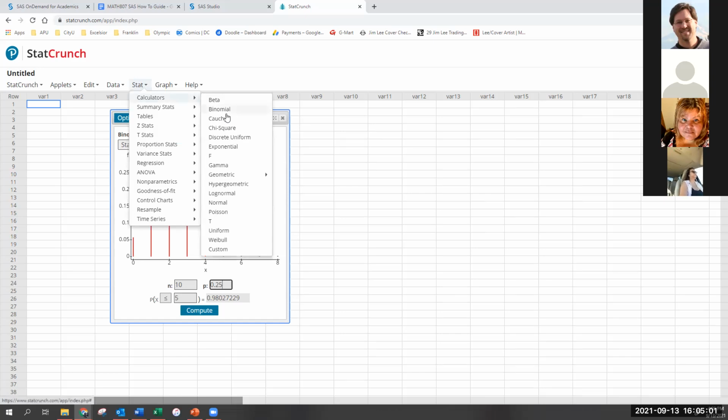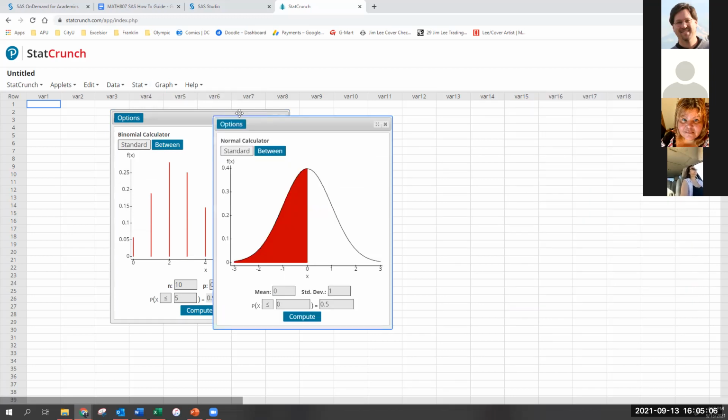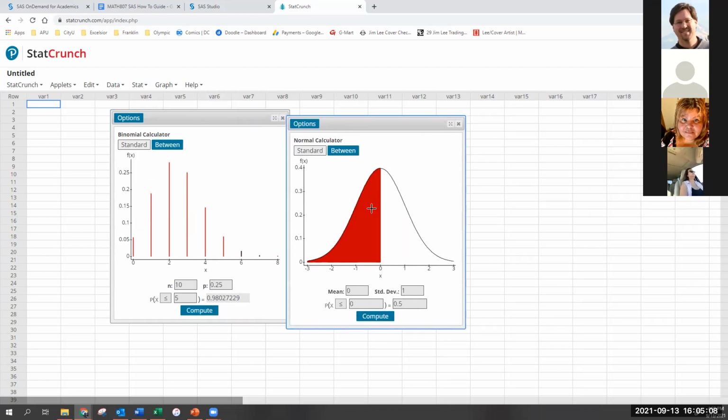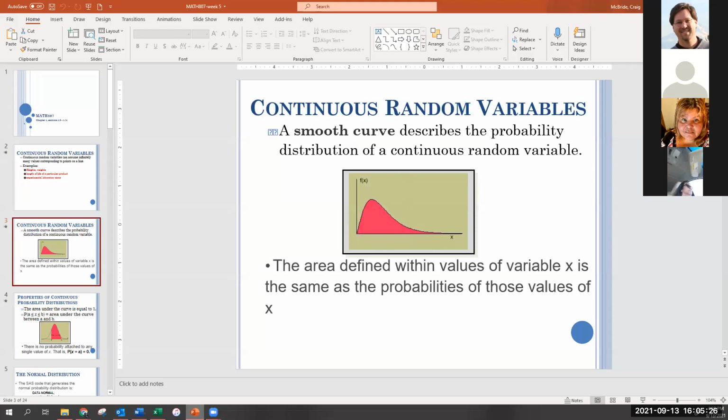However, once we get a continuous probability distribution, we get these nice, pretty curves that we now shade in regions to represent probabilities, because we can no longer talk about the probability of exactly one thing or exactly two things because there's no area involved. So when we do continuous random variables, we're calculating area under a curve, and that area in between 2 points is what defines the probability.